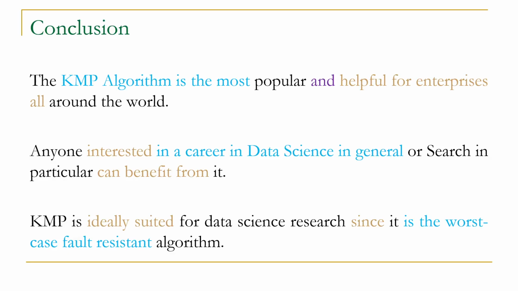And again, we can benefit from it if we are in a career of data science or general search. Finally, KMP is ideally suited for data science and research because it is a worst-case fault-resistant algorithm.